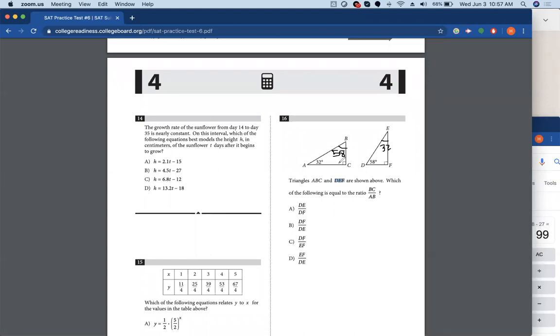Not using law of cosines, not using law of sines. Just doing 180 minus 90, using just angles, minus 32. This would give you 58, because one angle is 90, the other angle is 32. We can just subtract from 180, and that should give you 58, because angles in a triangle add up to 180.